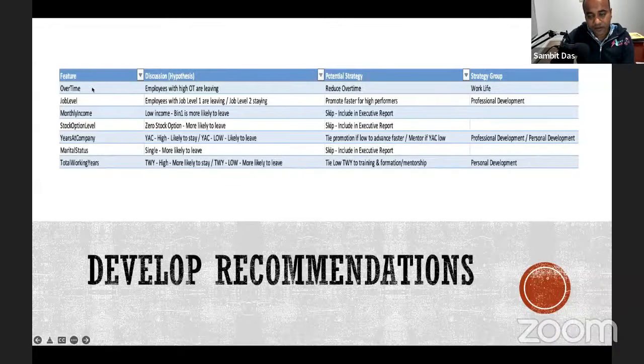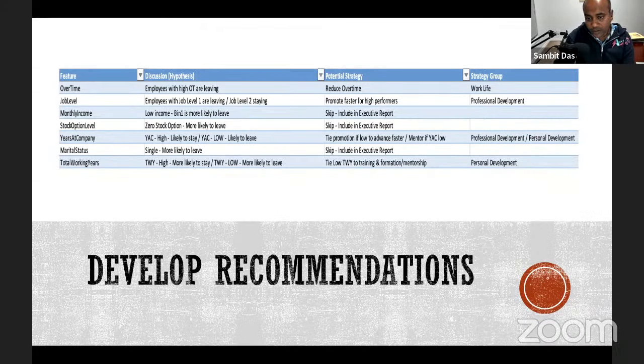If this variable is playing a role in predicting attrition of an active staff member, then we are looking at what is the potential strategy for HR or the company to look at. Again, this is something that needs to be discussed with the management, with the HR and managers, and develop this one. So it's not something that we can just assume and prepare. So this is basically a working sheet of that.